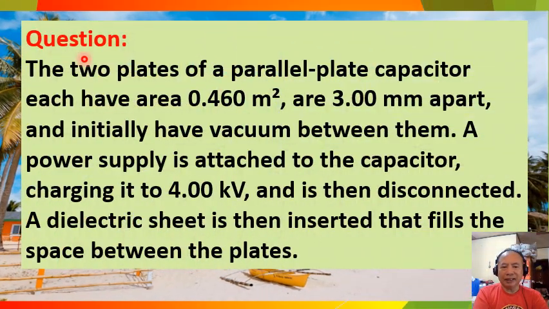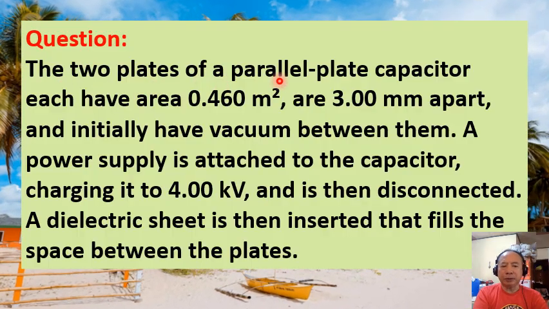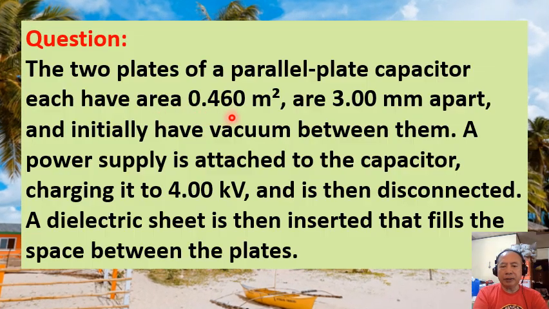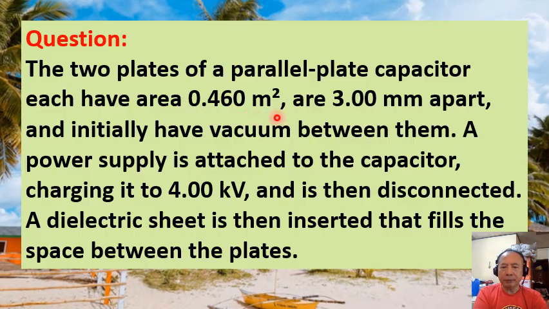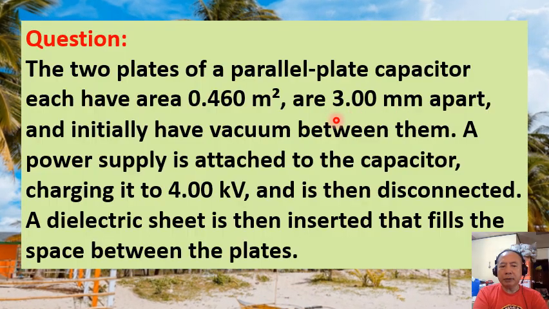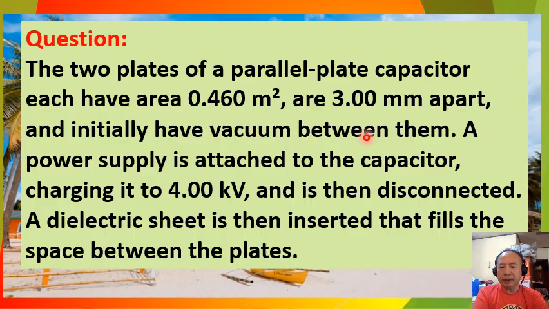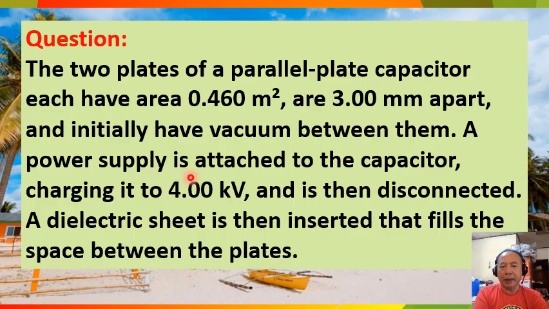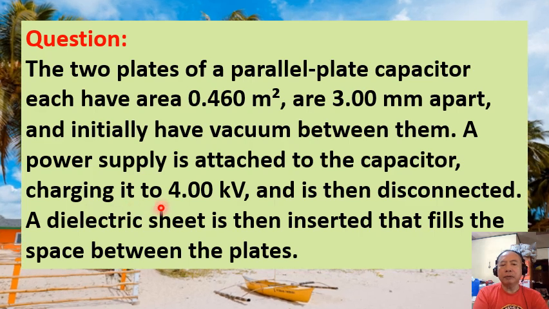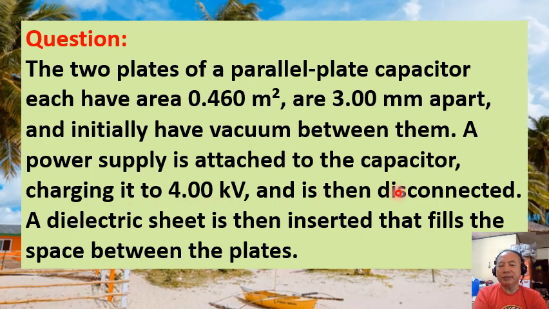The question is, the two plates of a parallel plate capacitor each have area 0.460 meters squared, are 3.00 millimeters apart, and initially have vacuum between them. A power supply is attached to the capacitor, charging it to 4.00 kilovolts, and is then disconnected.